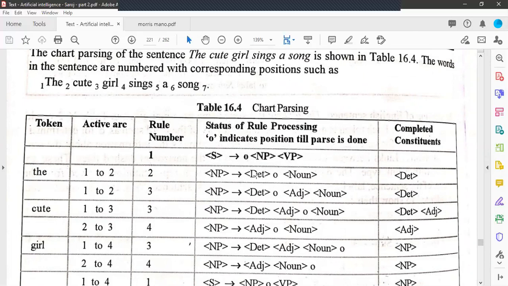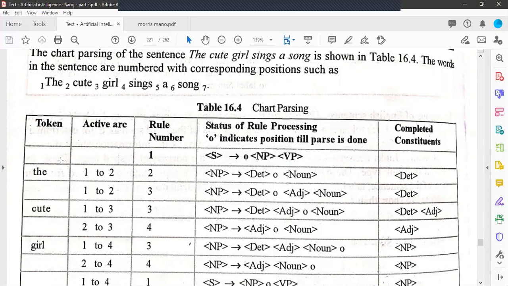So what happens is after the is parsed, the pointer has come in between the and noun when you talk about rule number 2. And when you talk about rule number 3, after the you have adjective and noun.